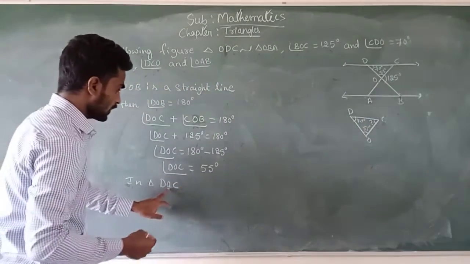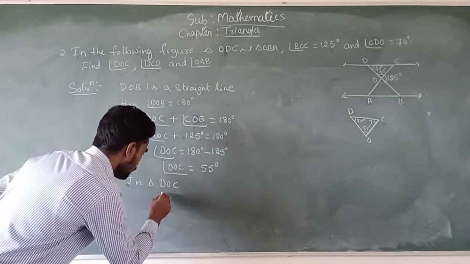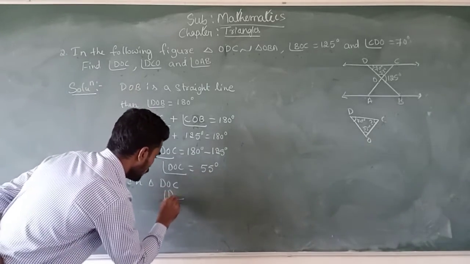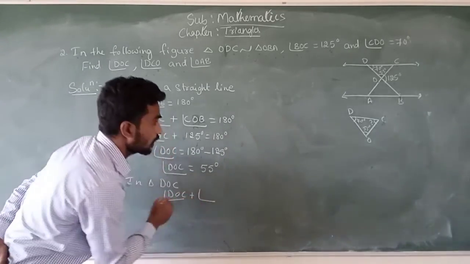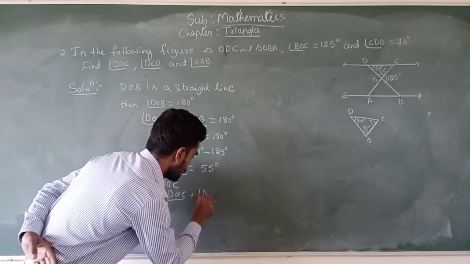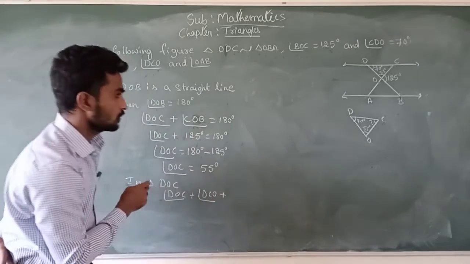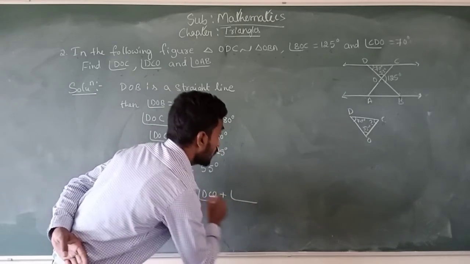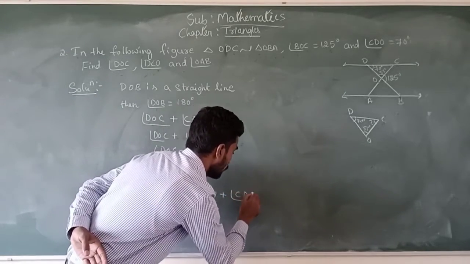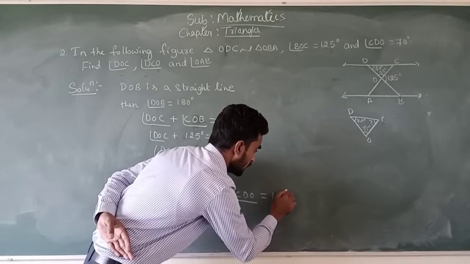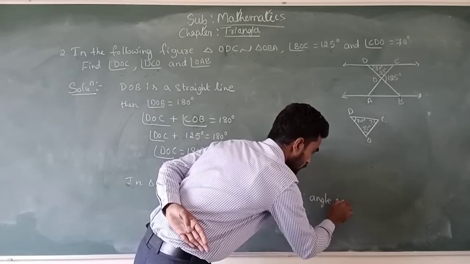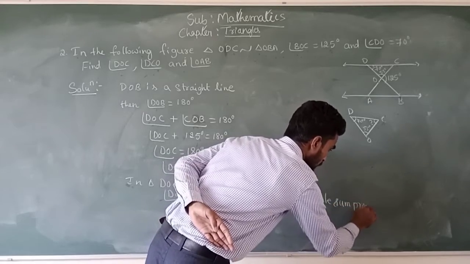In triangle DOC, angle DOC plus angle DCO plus angle CDO is equal to 180 degree because of the angle sum property.